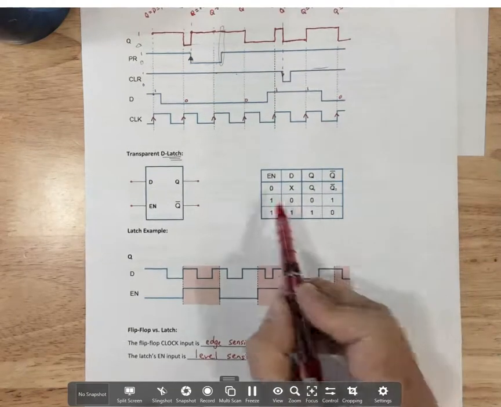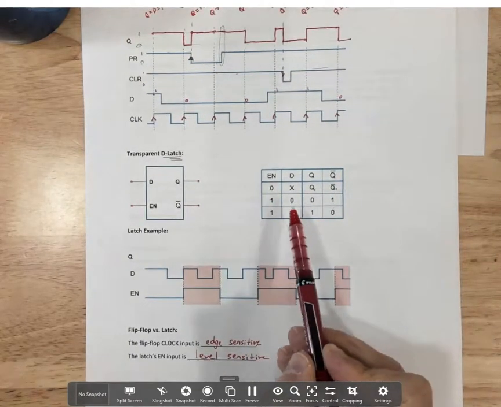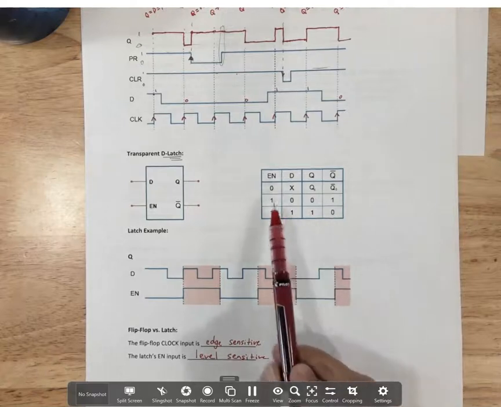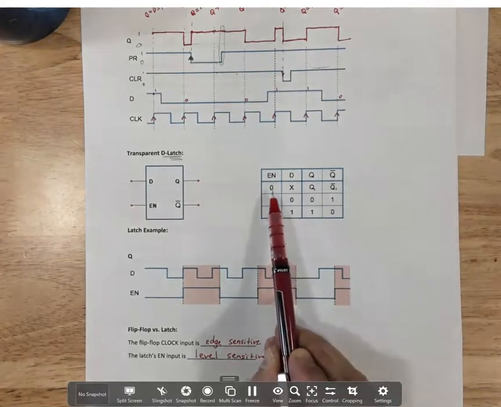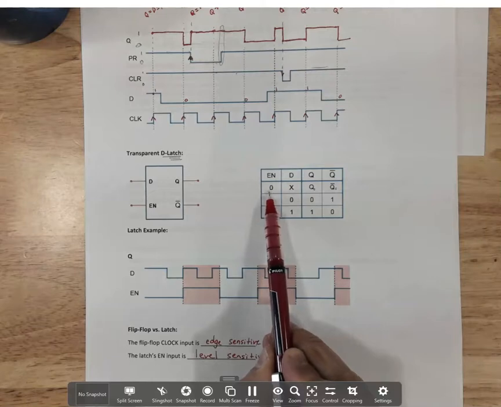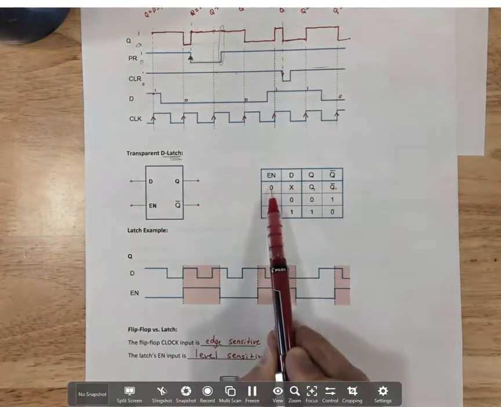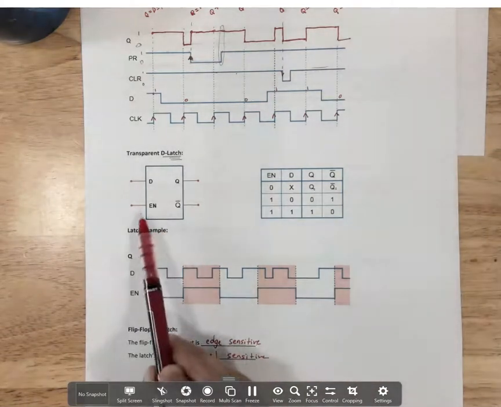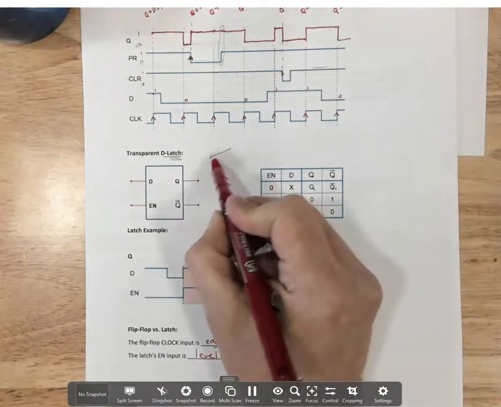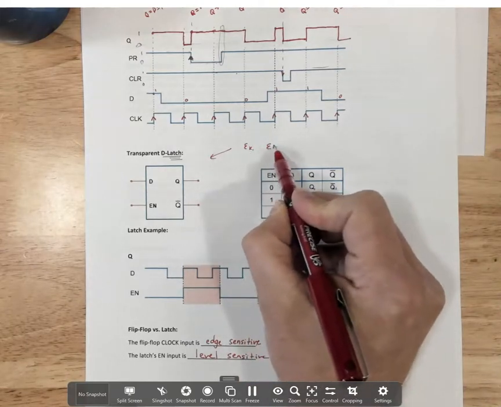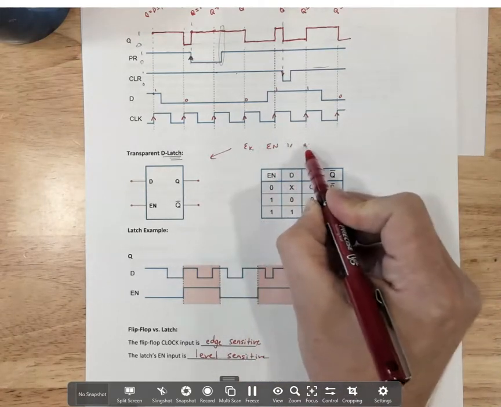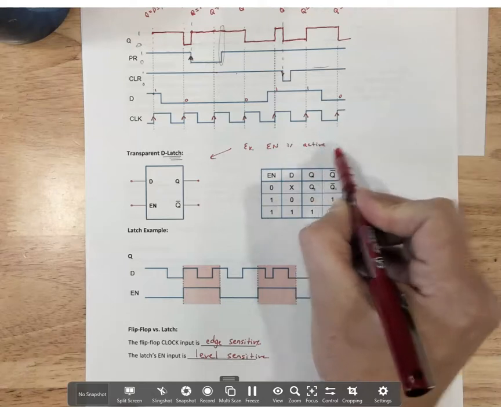So they've already filled in this excitation table, and they've showed when enable is off, so when it's 0, there's no inverter there. In this example, we're going to say that EN is active high.